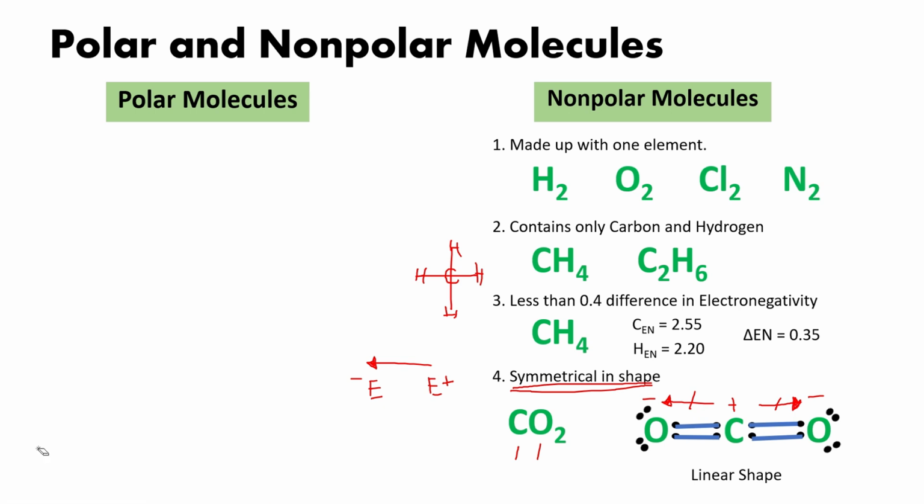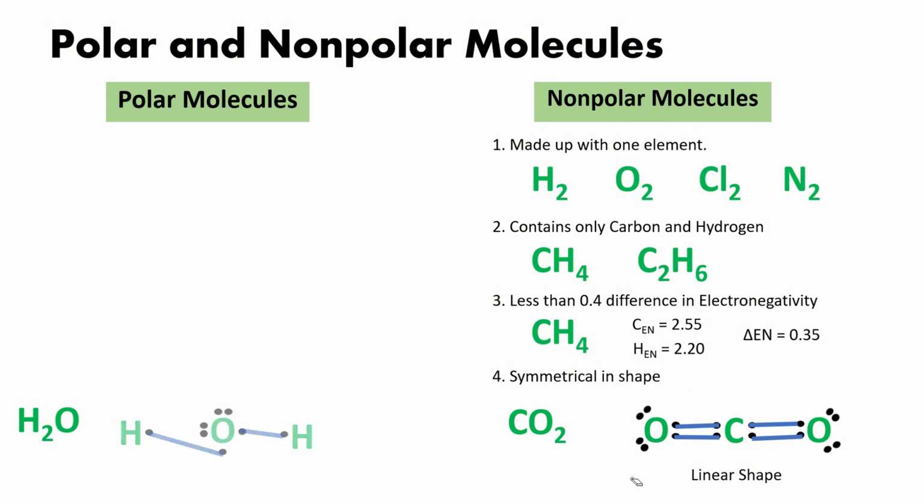Now, let's proceed. But how about water? Is water nonpolar? Why is water polar? We've discussed before that water is a polar molecule. It's because of this. Let's compare the shape of H2O, or water, and it will be like this.